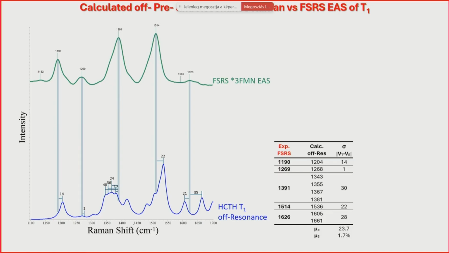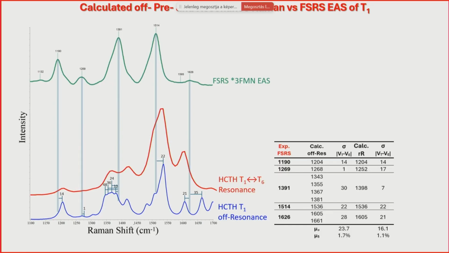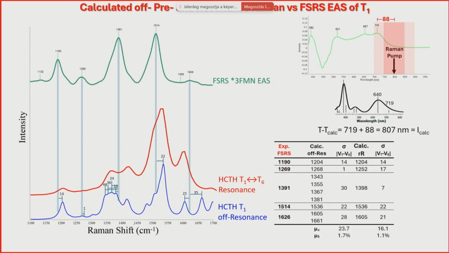Off resonance, we tabulate the results. Resonance, again, we see some improvement of the correlation with the experiment. And also, additionally, we can calculate the pre-resonance spectra. To do that, we have to inspect the experimental transient absorption evolution-associated spectrum, and see the difference between the experimental triplet-triplet transition and the Raman pump, which is at around 88 nanometers.